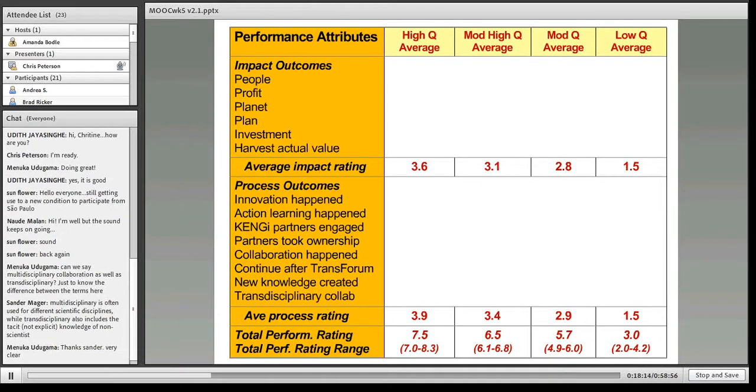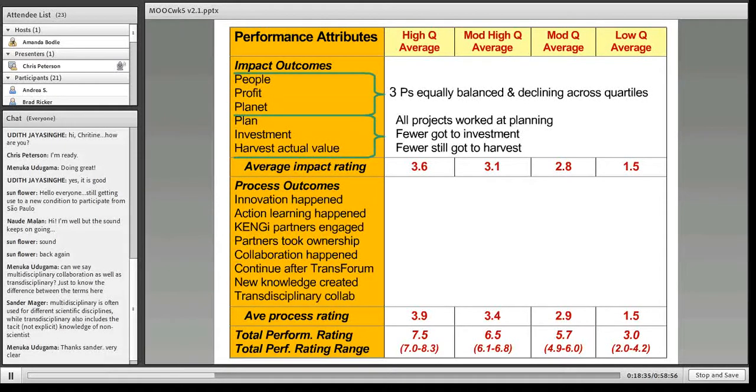And obviously, the further a project got towards harvesting actual value, the higher its performance rating would be in terms of the impact outcomes. And what we observed is that the 3 Ps were equally balanced within our quartiles of projects and declined across the quartiles.